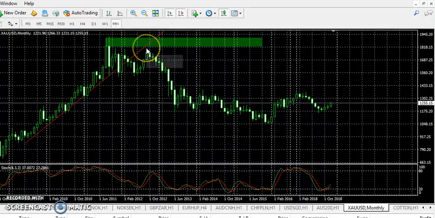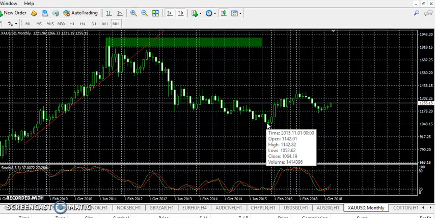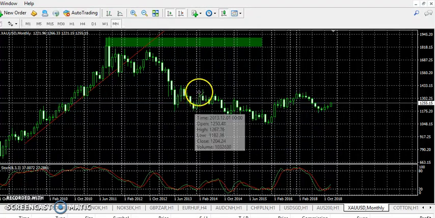So things change here, and then we had reverting price. Now we have a downtrend in this area here. So after the break of the trend, we have a downtrend.